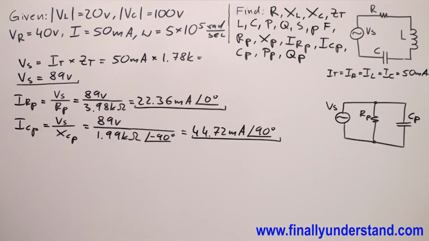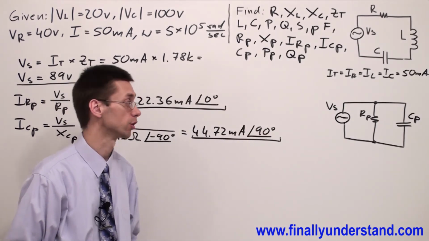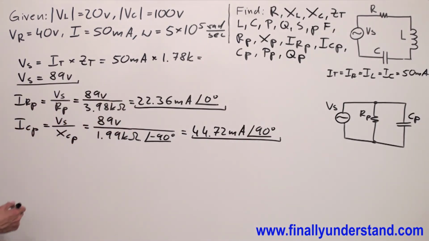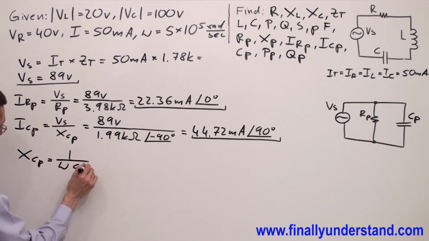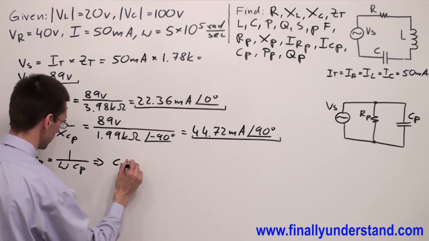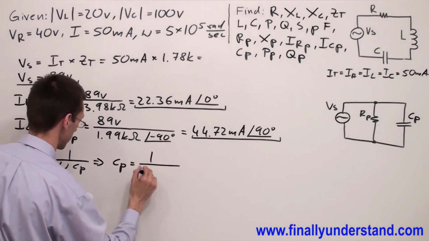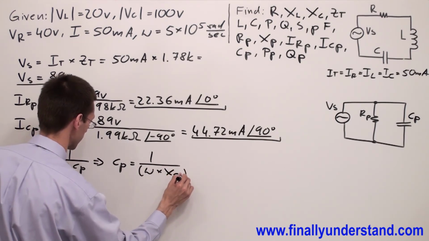Next, we're supposed to find the capacitance of the capacitor in the parallel equivalent circuit. In order to do so, I'm going to use the formula for capacitive reactance. XCP is equal to 1 over omega CP. Solve this formula for CP, so you'll have CP equals 1 divided by omega times XCP.